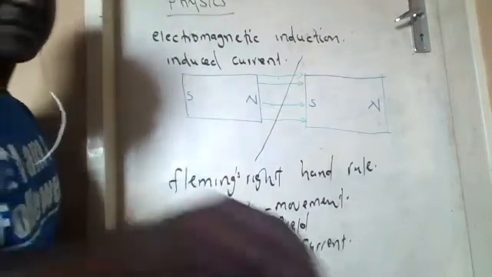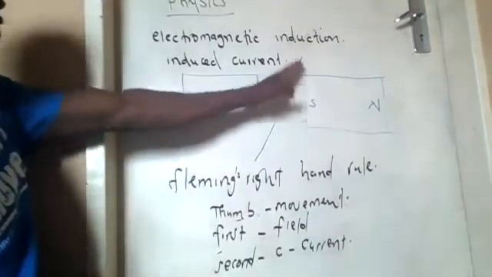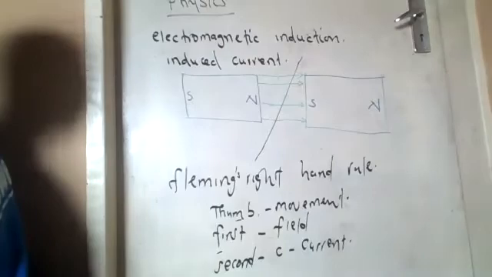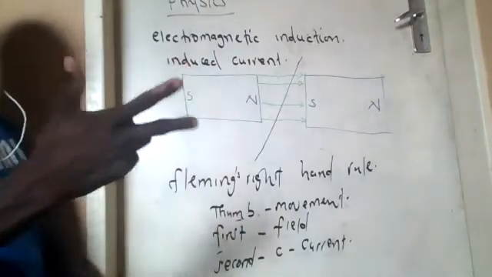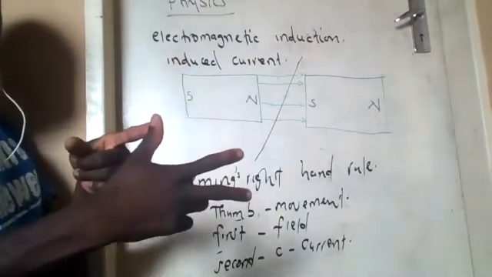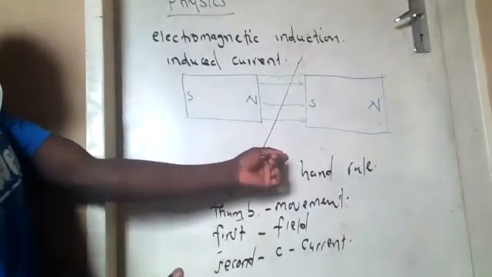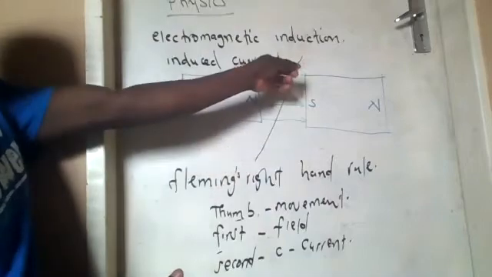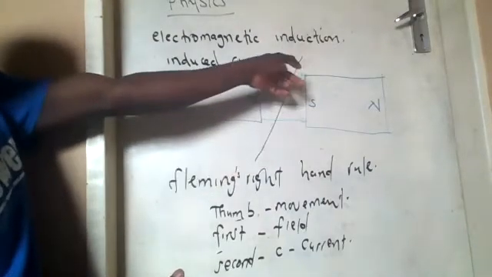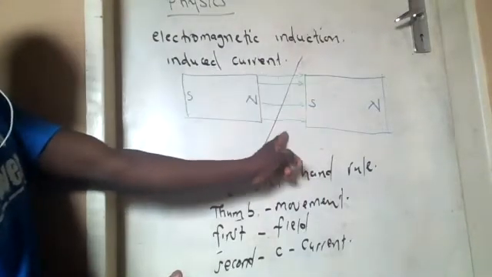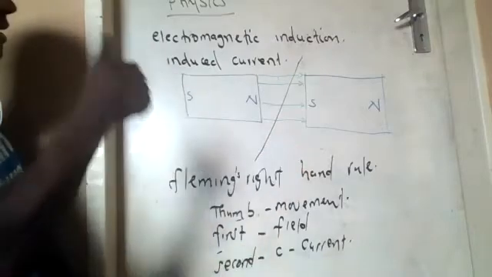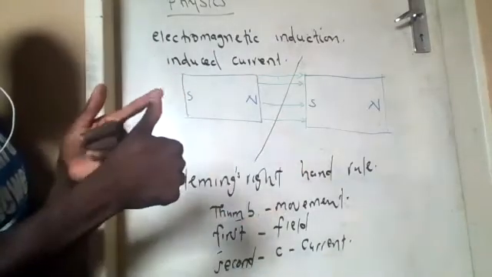So in the determination of the direction of the induced current, we use three fingers only. A thumb representing the movement of the wire. Is it moving from below going up as it cuts the magnetic field lines, or is it moving from the top coming down? That direction of the wire will be represented by the thumb.